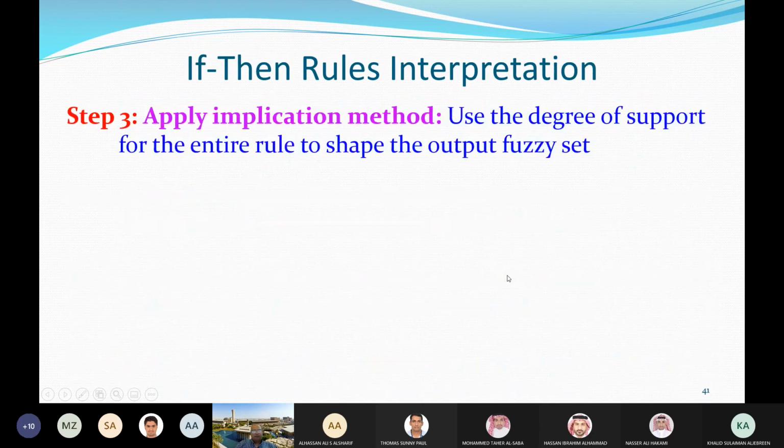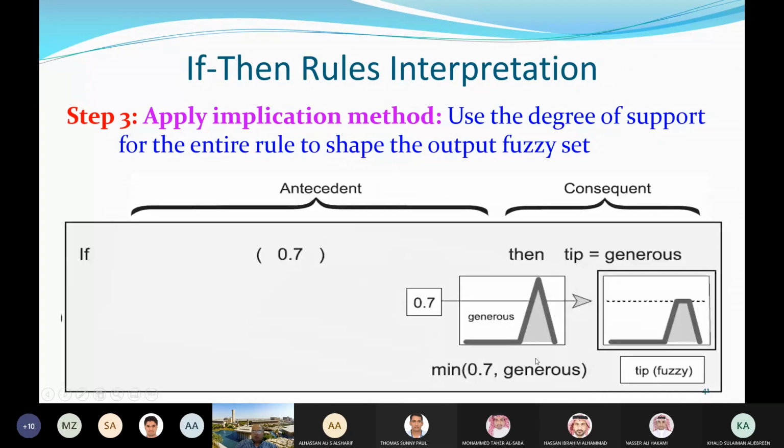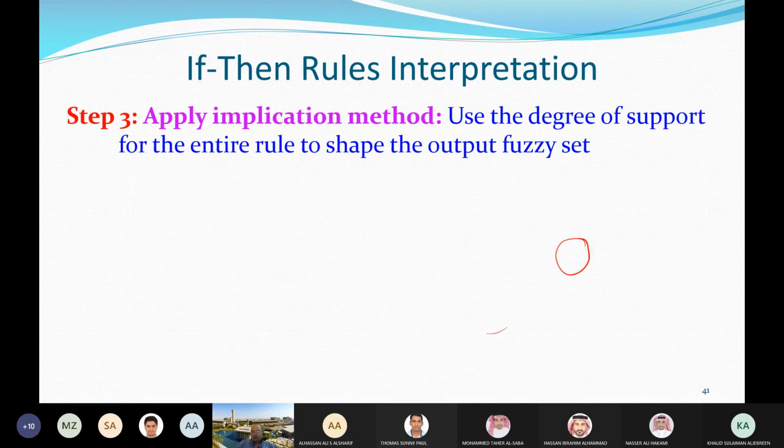Next, apply the implication method: use the degree of support for the entire rule to shape the output fuzzy set. Assume that this is the generous. Of course, the tip is also a linguistic variable. It has several values, maybe generous, maybe low, maybe medium. But this rule represents generous.